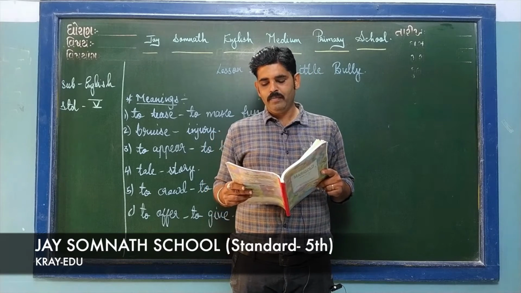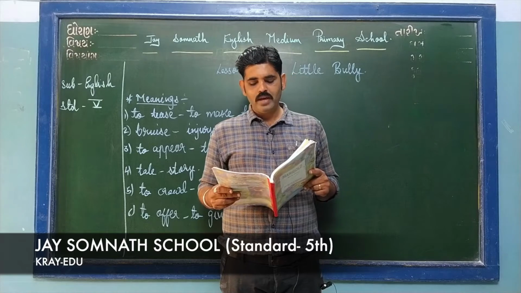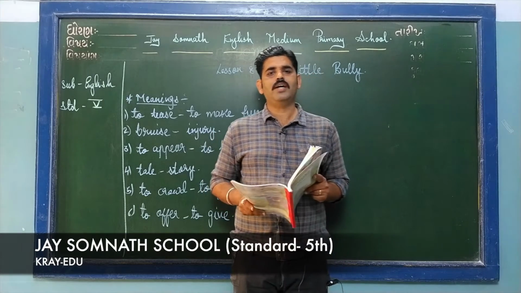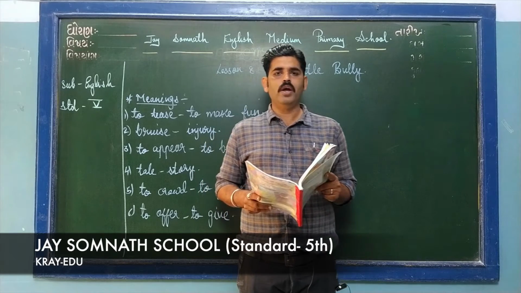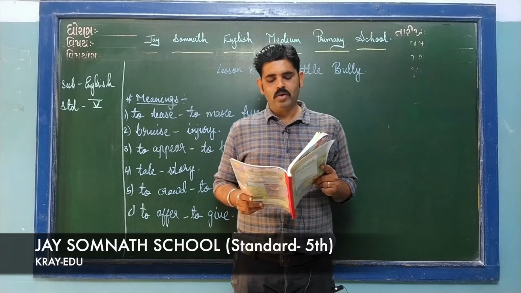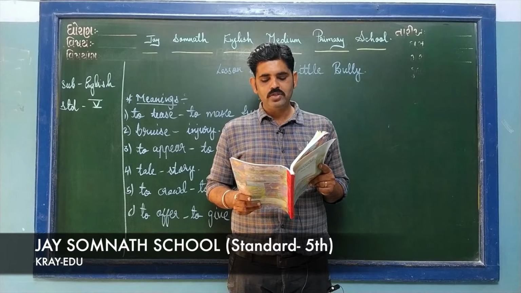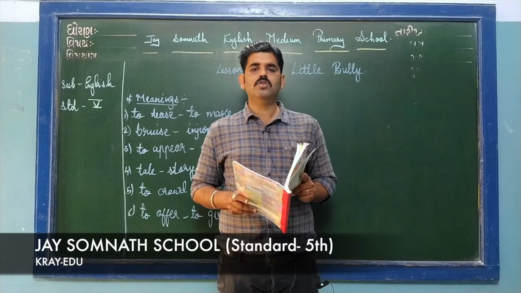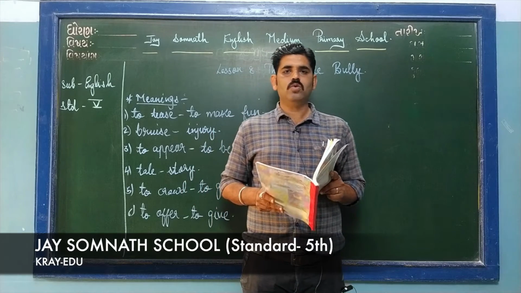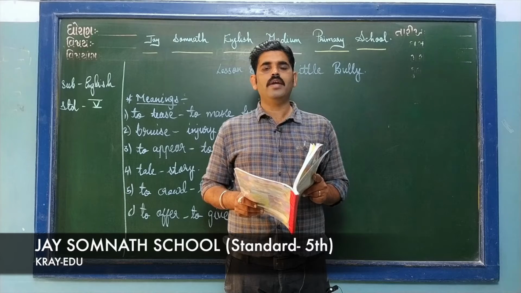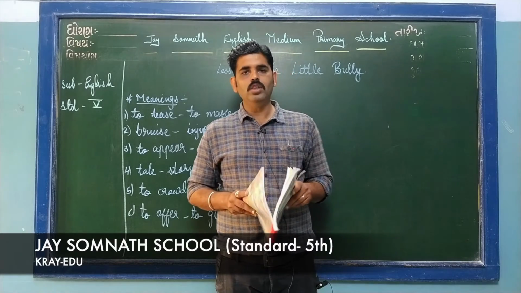Once upon a time, not so very long ago, there was a small boy called Hari. So it is a story. Although he wasn't very big, he was strong and he loved to tease all the boys and girls. He was a small boy only, but very strong, and he liked to tease all the boys and girls.